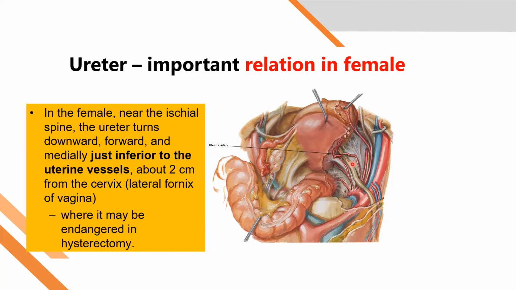Many cases involve the uterus, where the doctor needs to cut the uterine artery, with the risk of accidentally cutting the ureter. So the ureter in females is endangered in hysterectomy. After the hysterectomy operation related to the uterine artery, the doctor must make sure that there is urine flow, urine coming out from the patient.